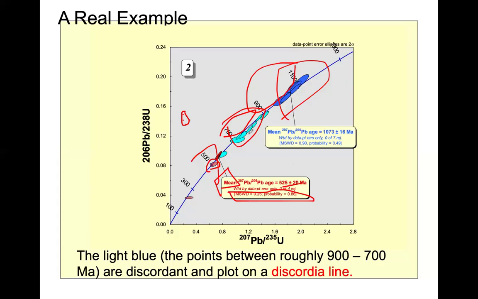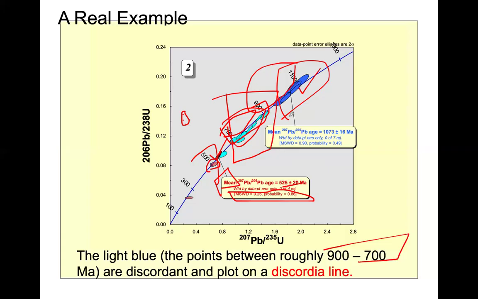The light blue area gives like 900 to 700, the span. That is too big, and also they are discordant, unlike the other ones. They are mostly concordant. Here also concordant, here also concordant. But these ones are not much concordant in their distribution.